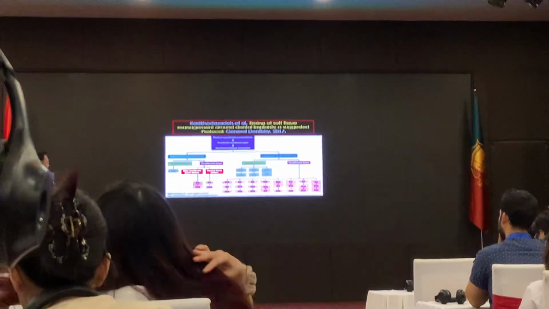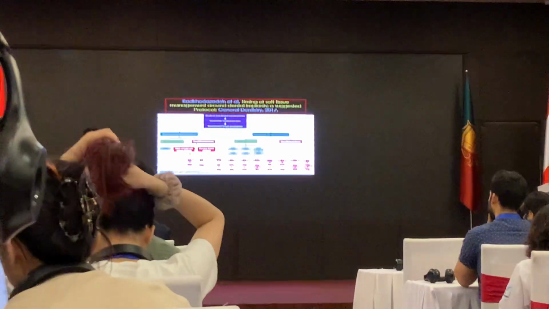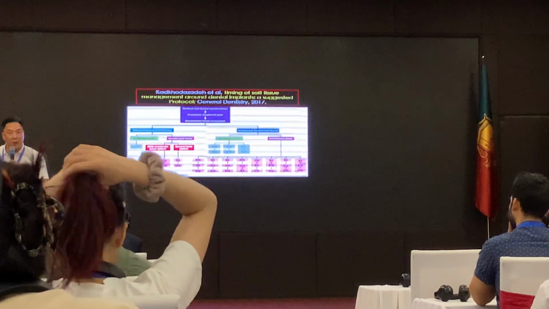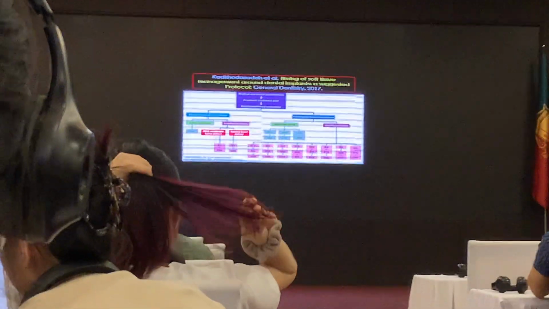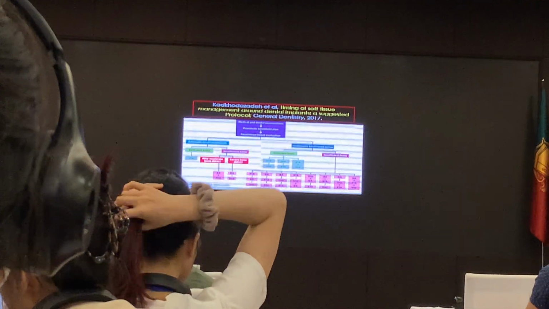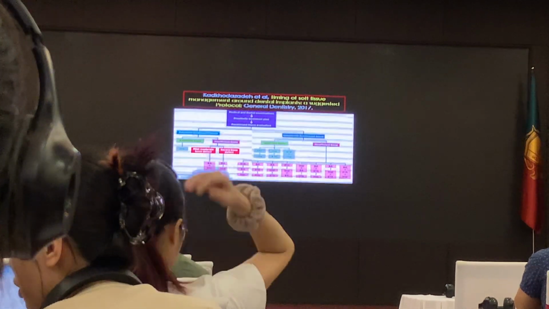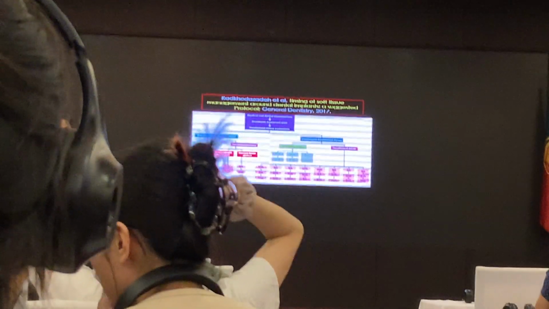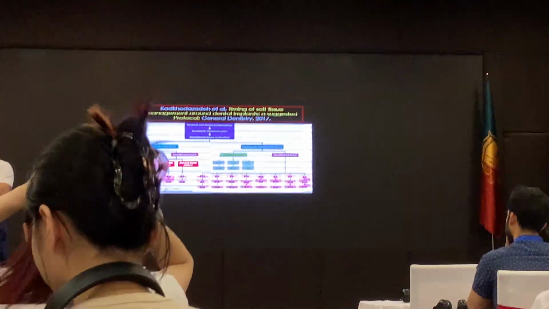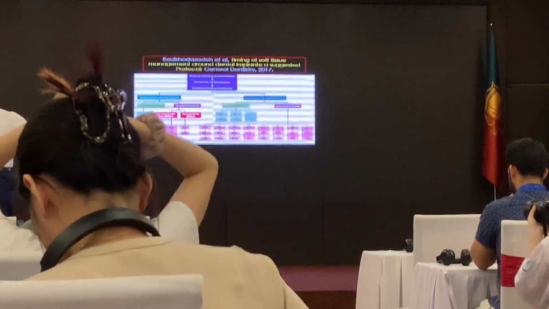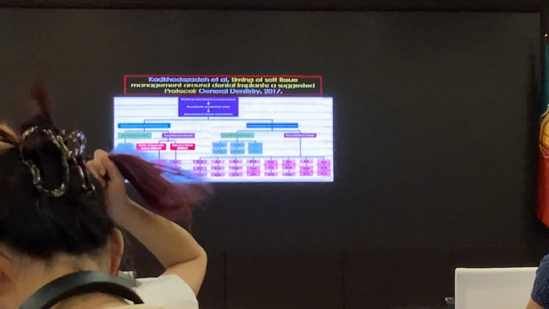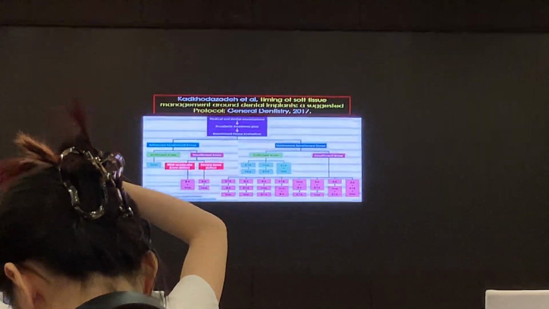But if you ask yourself, do I have bone, and you don't have bone, you have a deficiency in bone. Now you have two options. Either it's a minor to moderate defect or it's a large bony defect, right? Two types of bony defects, a small minor bony defect or a large bony defect.